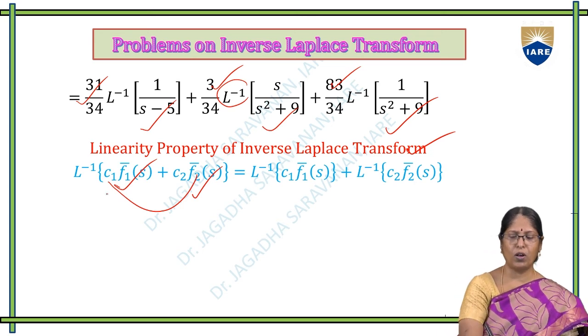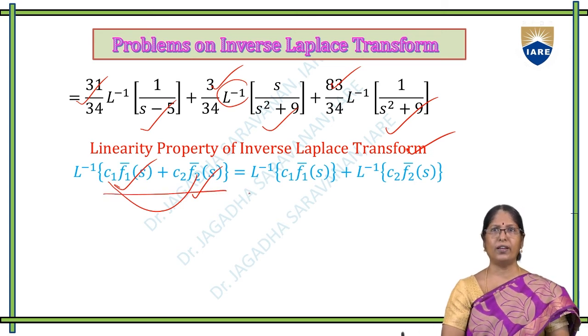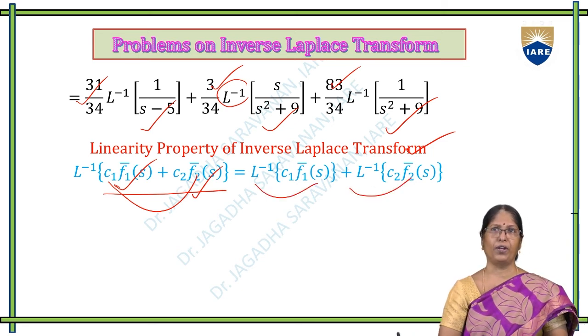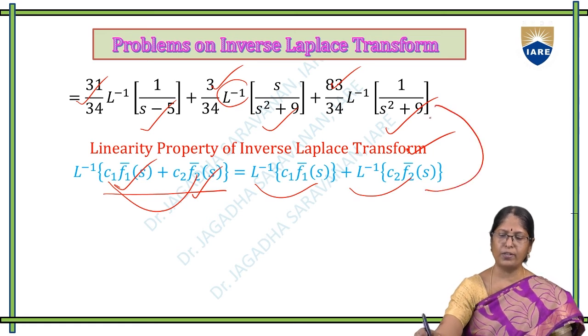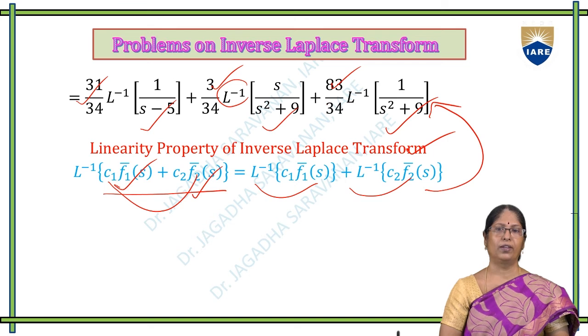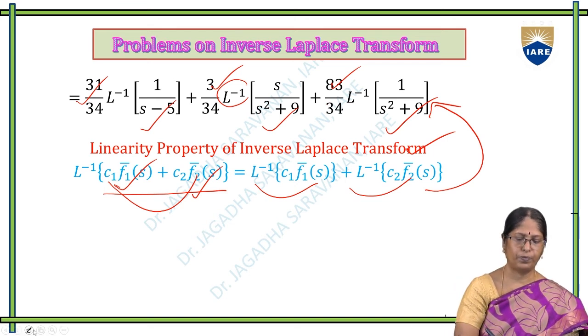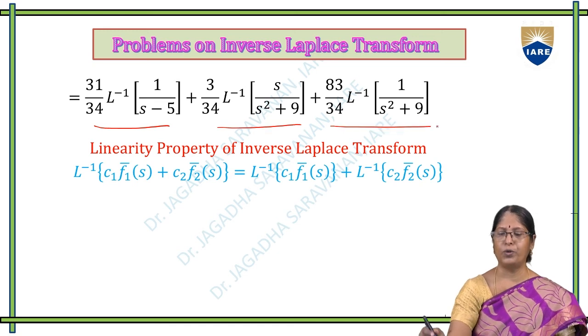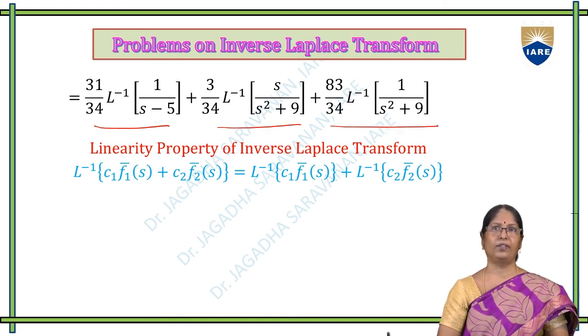So L inverse of two functions is written as L inverse of the first function plus L inverse of the second function. Using this property, our given problem has three functions: the first one, second one, third one. So we applied the Laplace inverse to the three functions separately.